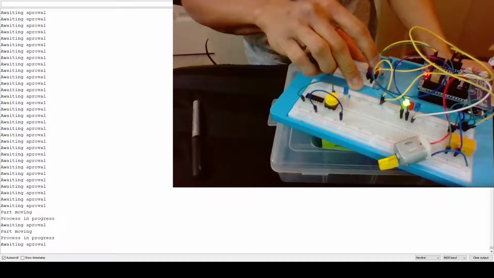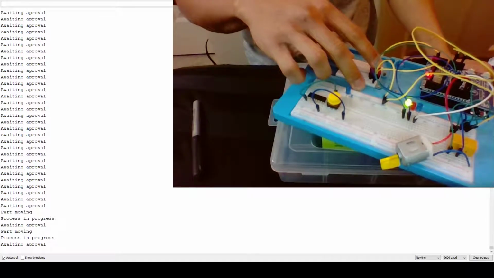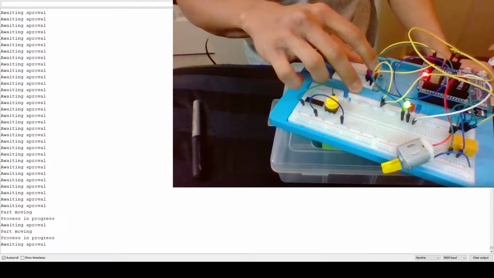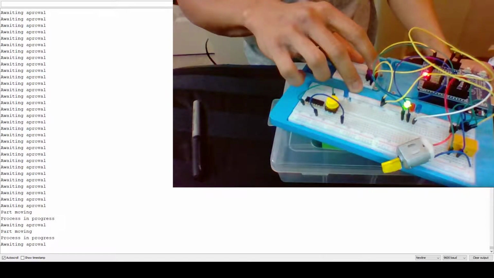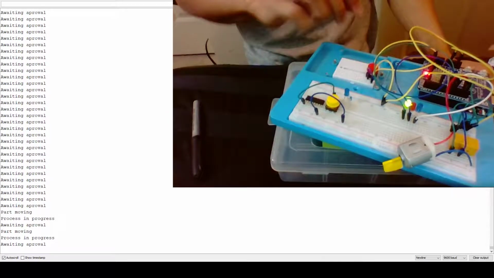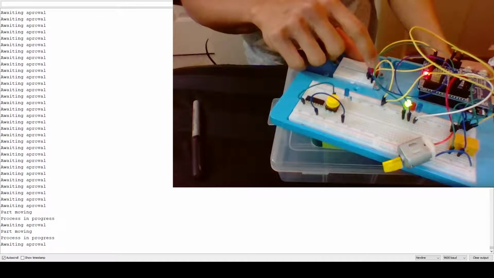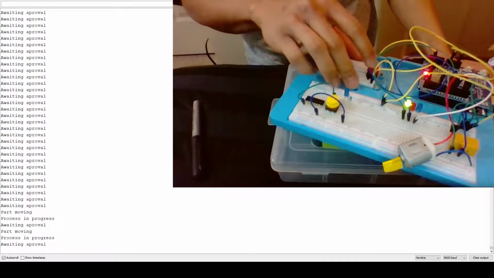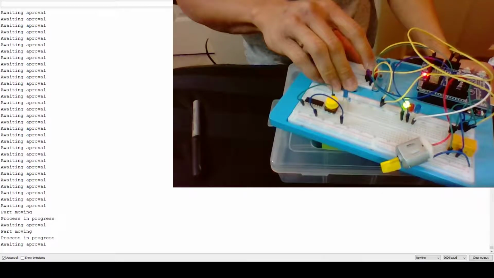Or if there's a pressure sensor, like if the weight of the product we're adding reaches a certain point, then it'll move. So it doesn't need to be a physical button and someone pushing to approve. It could be sensors.